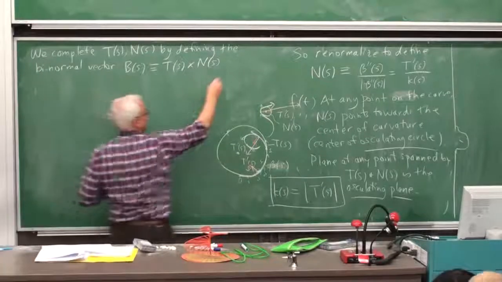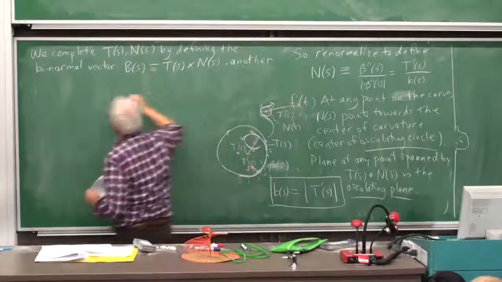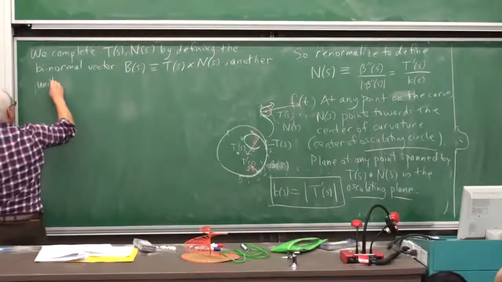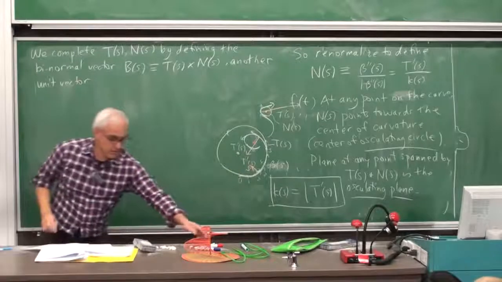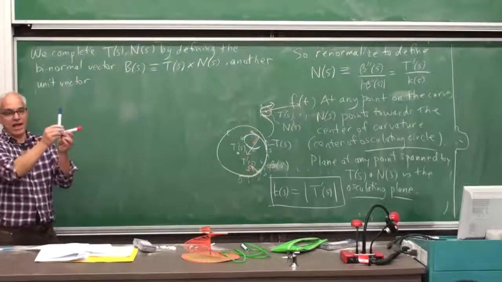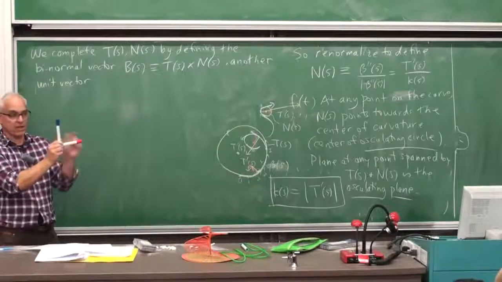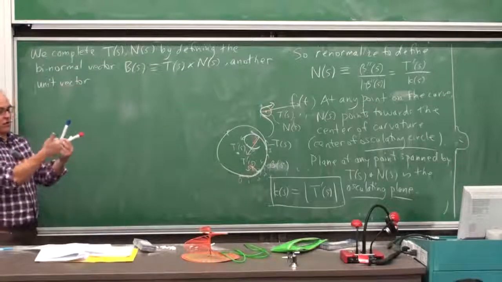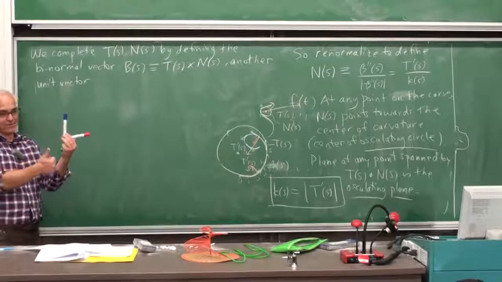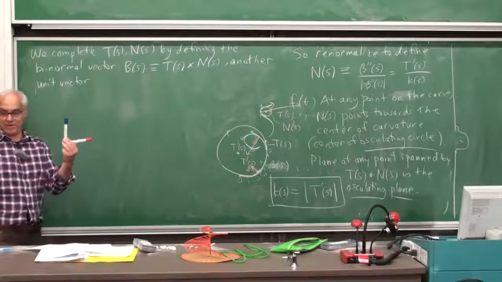This is another unit vector because T and n are perpendicular and they're both of length 1. They're perpendicular and both of length 1, so when you take their cross product, I remind you, you have to use the right-hand rule to do that. That means you have to use these 3 fingers, 1, 2, and 3.